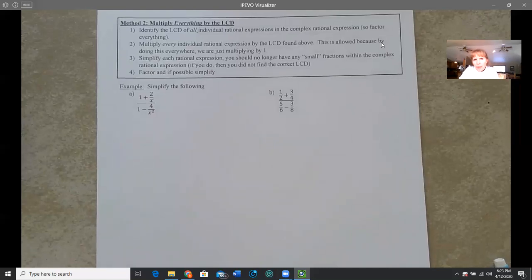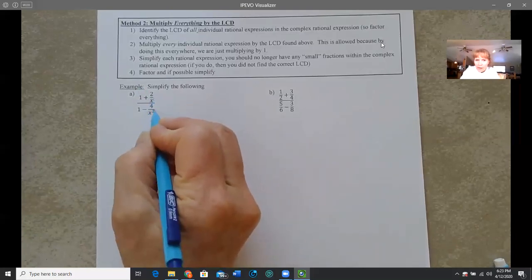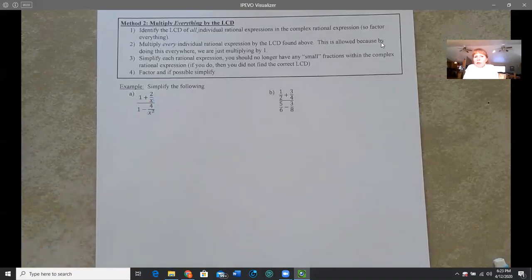In this first one, if you look at these two little fractions, what you'd like to do is come up with the least common denominator for those little fractions. We have two little fractions, with an x as a denominator and an x squared. The least common denominator between those two would be x squared, because they both have an x, and when you find the least common denominator, you use the largest one, which would be x squared.